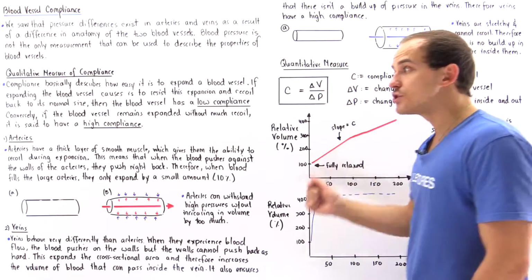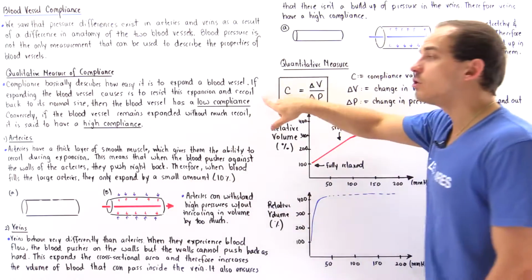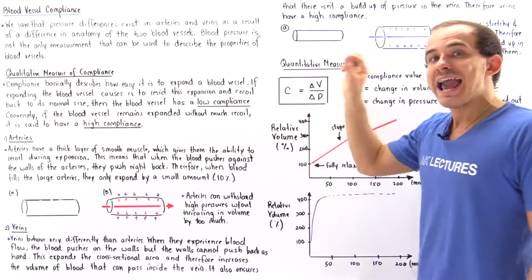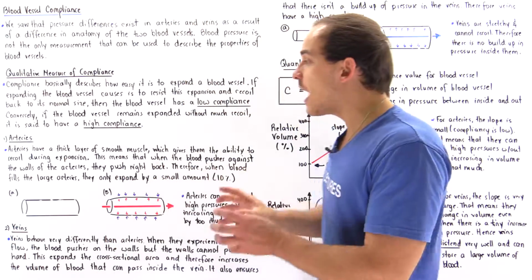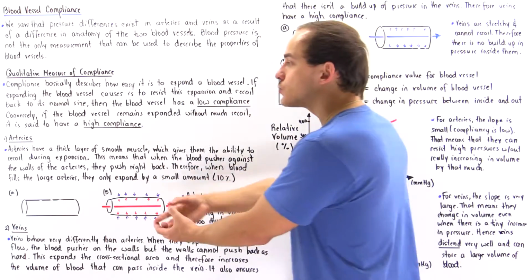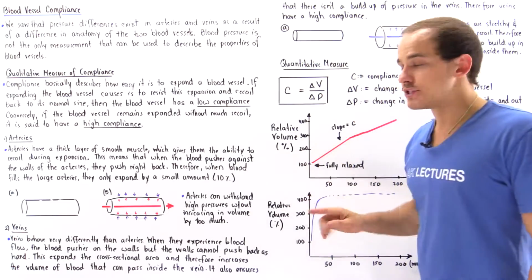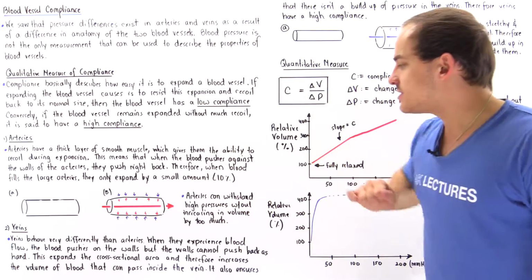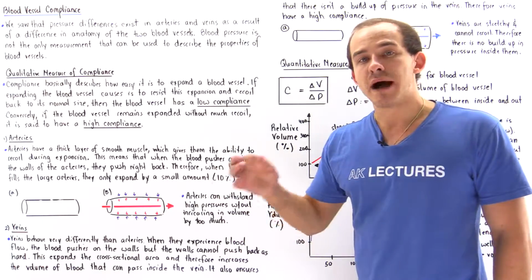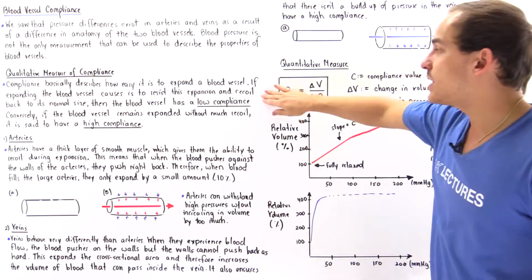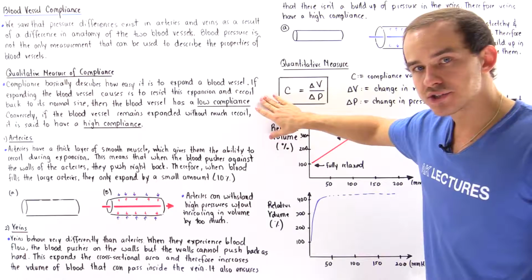And that means that arteries have a low compliance. A very high force, a very high pressure, is needed to expand our arteries. So arteries can withstand high pressures without increasing in volume by too much, meaning they have a low compliance.